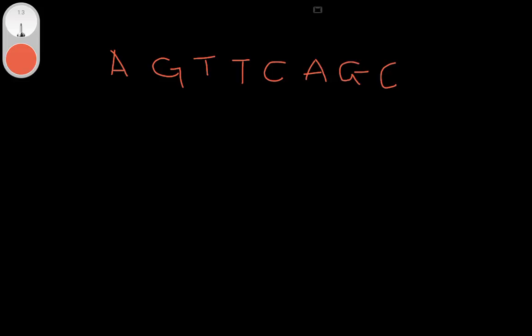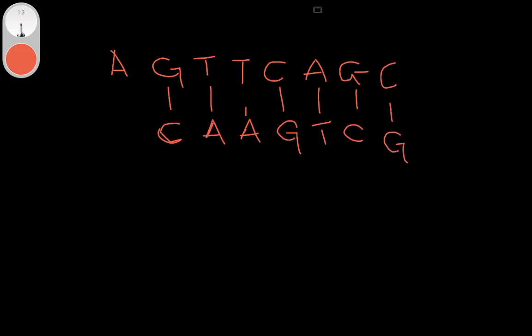Like we said, guanine only binds to cytosine, so the base we'll find here will be cytosine. Then adenine will occur here, adenine will occur here, guanine will occur here, thymine will occur here, another cytosine will occur here, guanine will occur here, and here we have thymine.